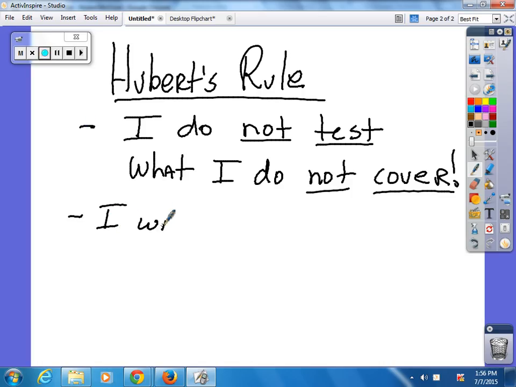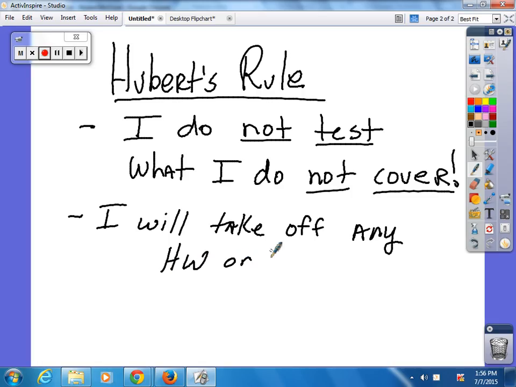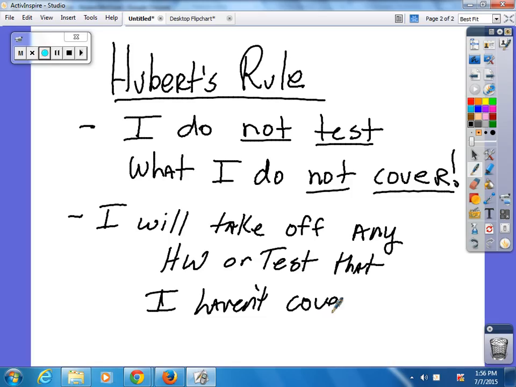I will take off any homework or test that I haven't covered. Well, what about chapter 8? Have I covered it? Do you need to do it? It's called rocket science.